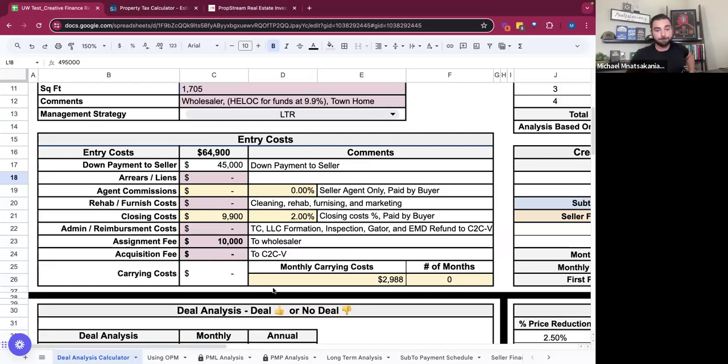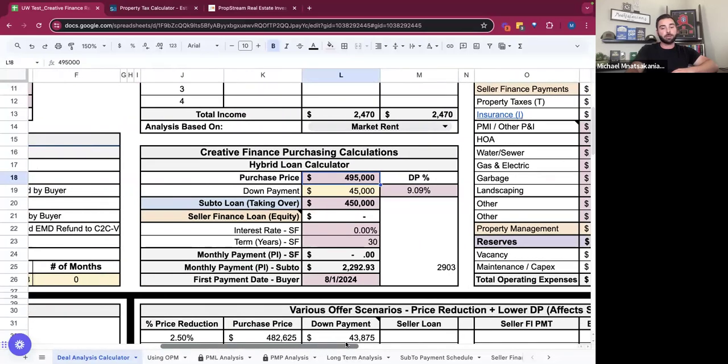So if it's not going to cash flow as sub 2, there's really not a lot you can do to make it any better, because you can't defer your payment or reduce the payment on the sub 2 amount. That's where seller finance is better, because there's a lot more opportunity to negotiate. However, they also typically have a lot less motivation, because they're already making a solid amount of money and have a lot of equity. If they really want to get it sold and cash out, they just reduce their price. So there are pros and cons between seller finance and sub 2. Sub 2 is a lot harder to make work. You can't really just change things around to make the deal work.